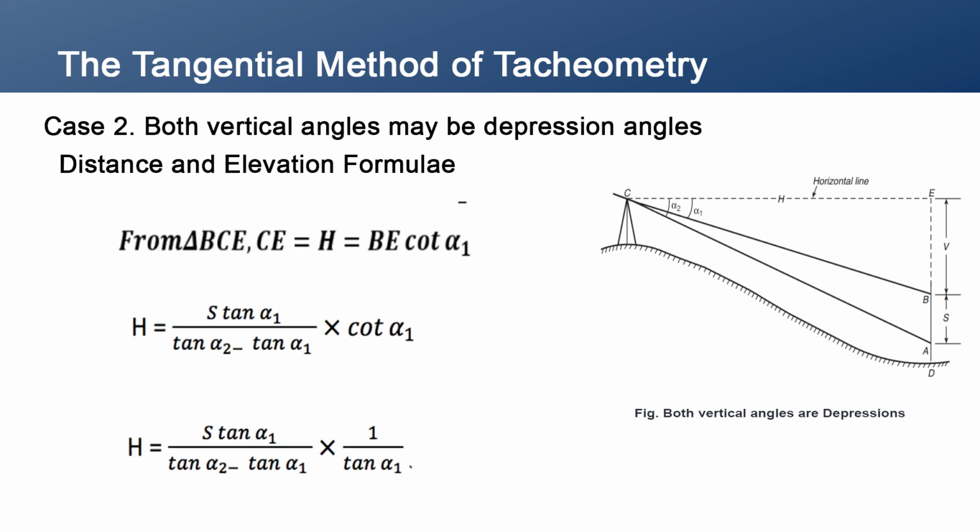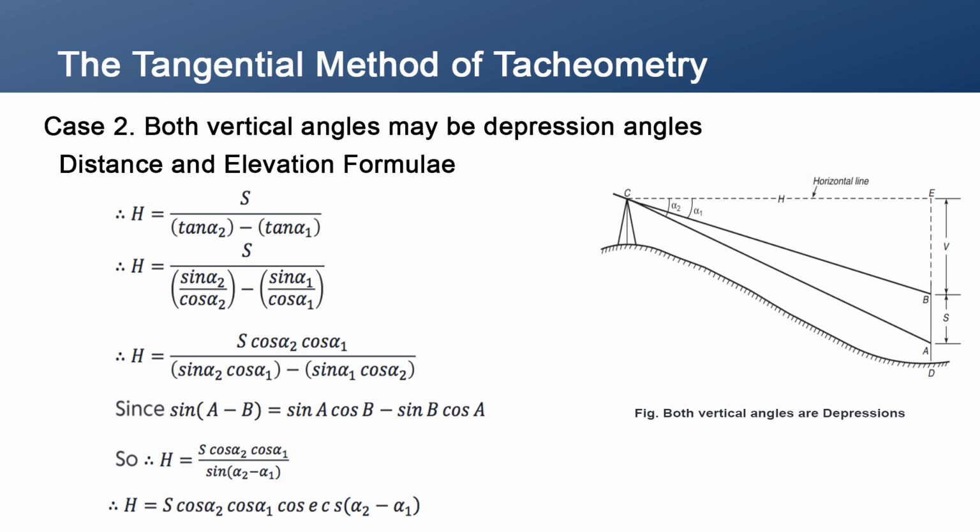We know H is equal to BE cot alpha 1 from the triangle BCE. So, H is equal to S tan alpha 1 by (tan alpha 2 minus tan alpha 1) into cot alpha 1. Substituting for cot, H is equal to S tan alpha 1 by (tan alpha 2 minus tan alpha 1) into 1 by tan alpha 1.